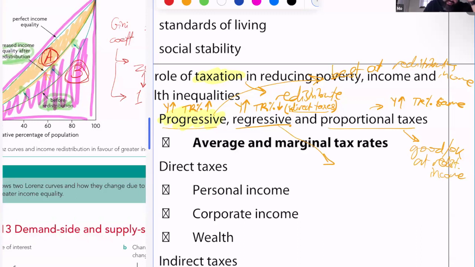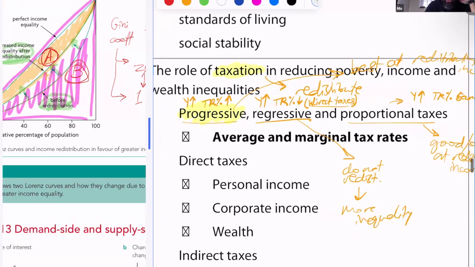Regressive taxes do not redistribute income. In fact, they lead to more inequality. So if a government wants to reduce economic inequality, it should try to make its taxes more progressive and try to reduce its reliance on indirect taxes.